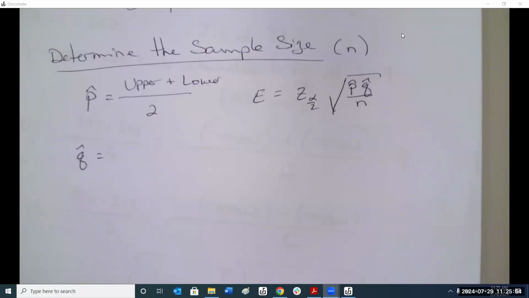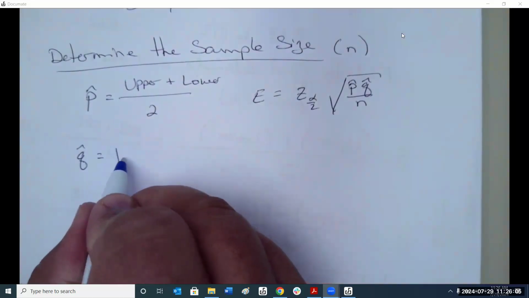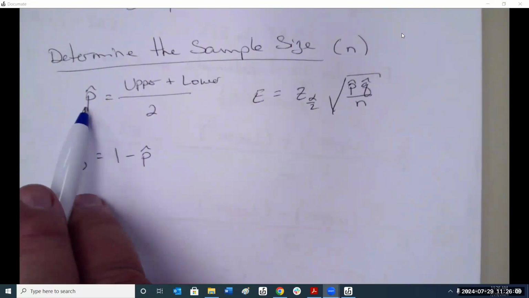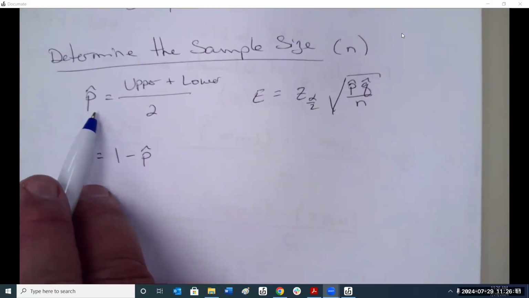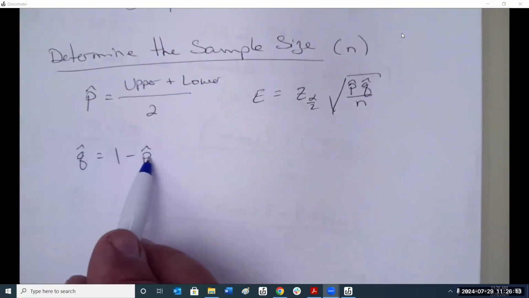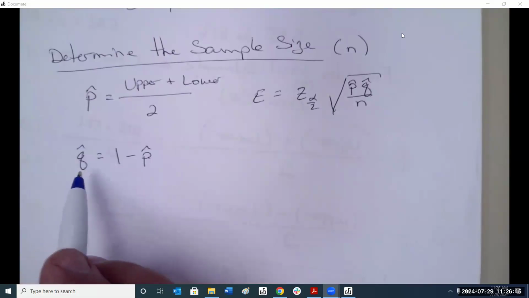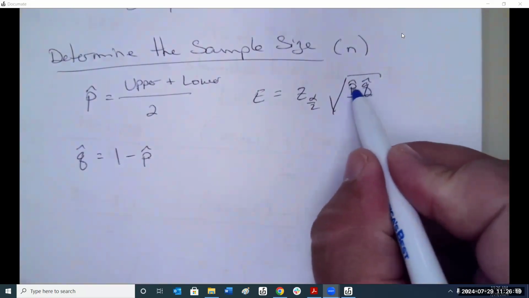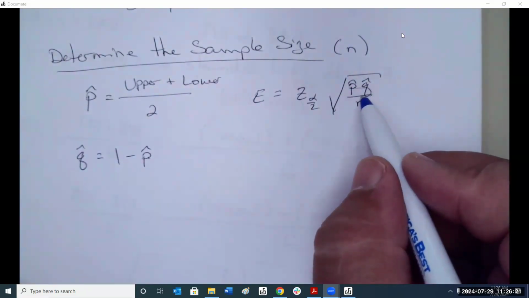Remember, p is the sample proportion of success. Well, 1 minus success is what's left, which is failure, or not success. So now we have the numerator there.